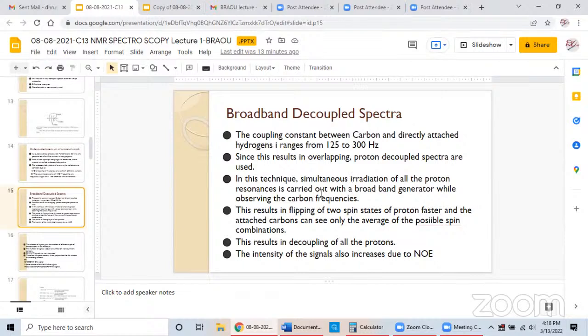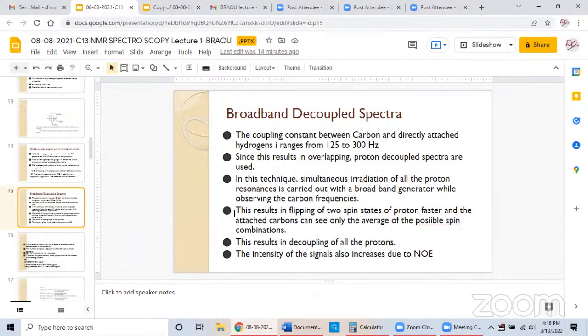It is carried out with a broadband generator while observing the carbon frequencies. So the carbon frequencies are untouched and the carbon spectrum is being recorded, but the protons present in the organic molecule are irradiated with the corresponding proton frequencies. This is broadband. So what happens when it is done?